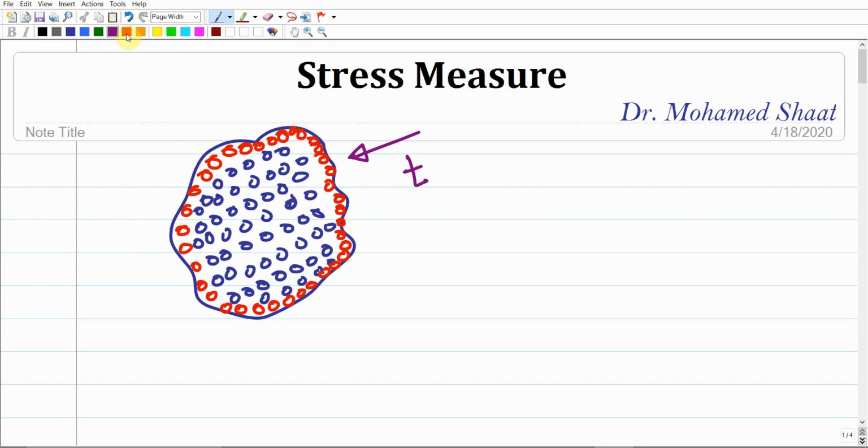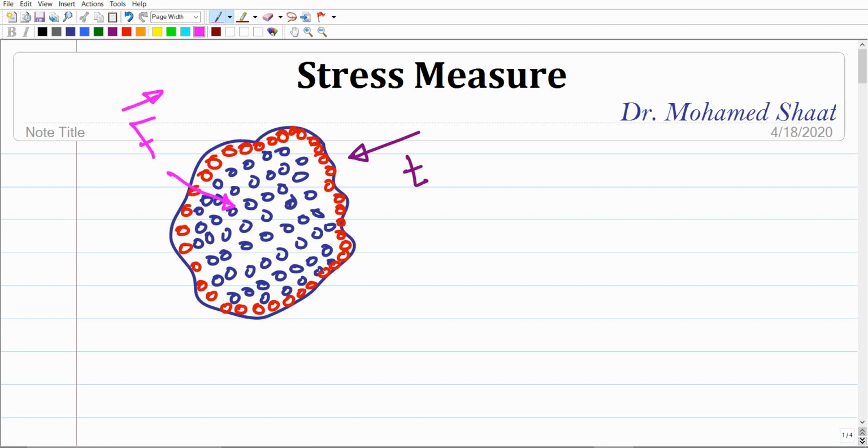In addition, there are definitely some other forces acting internally on the particles located inside, and we define these forces as the F vector, where F stands for the body forces. We said that body forces would be any type of force acting on a particle located inside the continuum core. And we gave lots of examples of these body forces.